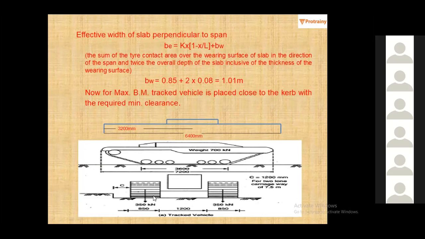Now this is the arrangement. ये arrangement है हमारे एक single lane के लिए. This arrangement is again from the code. हमें कुछ नहीं करना है. Safe distance clearance कितना है?